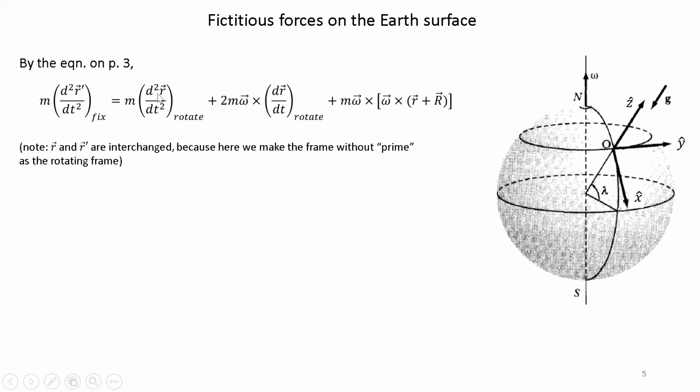That's why everything on the right hand side doesn't have a prime, and the one on the left hand side has a prime.